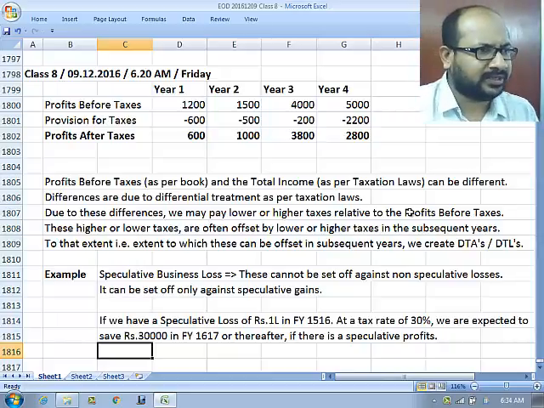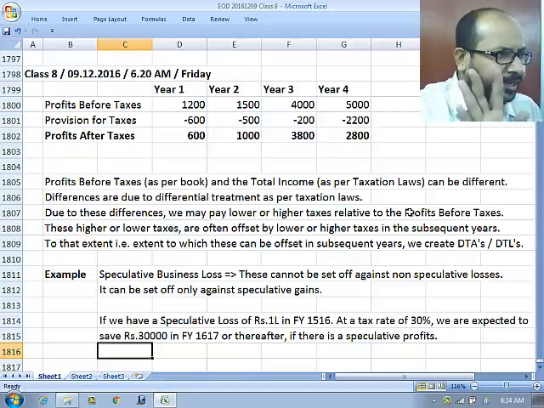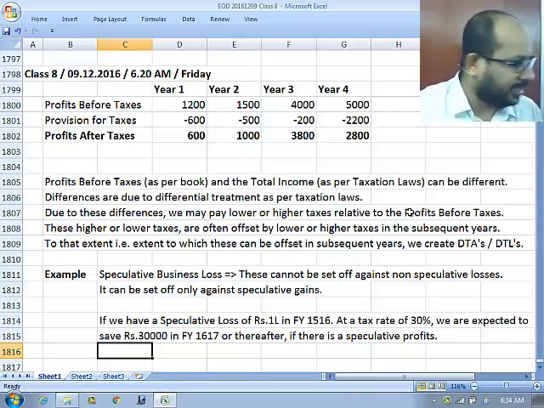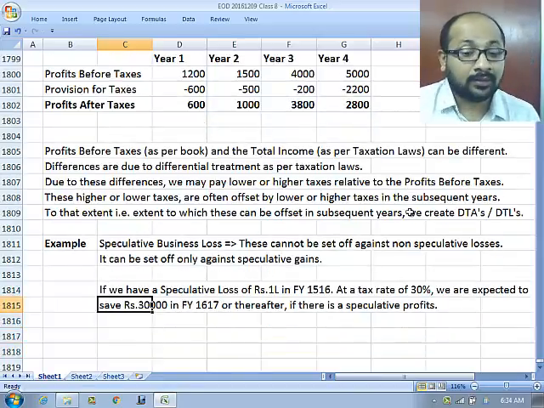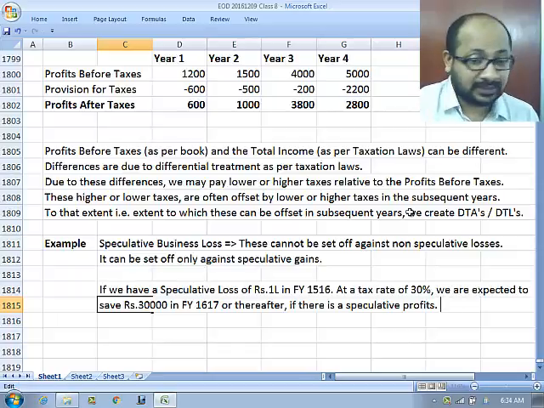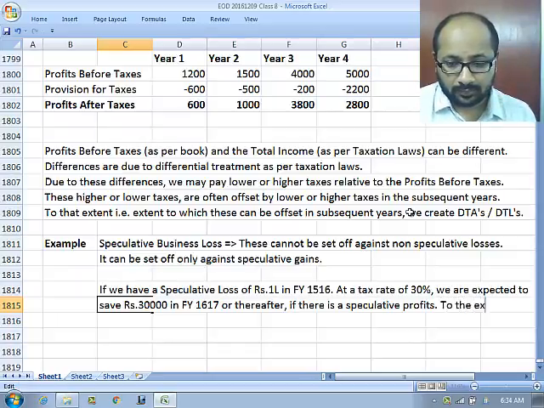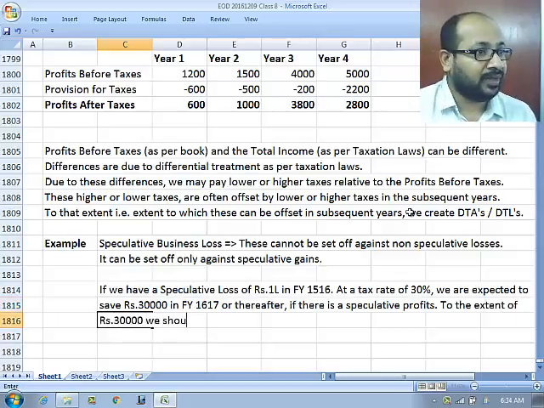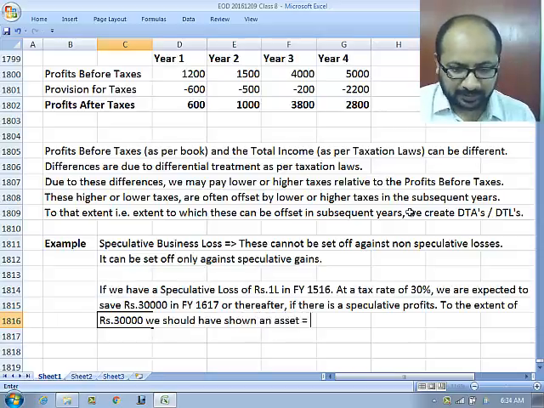We'll touch upon these ideas separately, but this is the basic idea that we are trying to capture. So in the subsequent year, to the extent of rupees 30,000, we should have shown an asset because a benefit is expected.